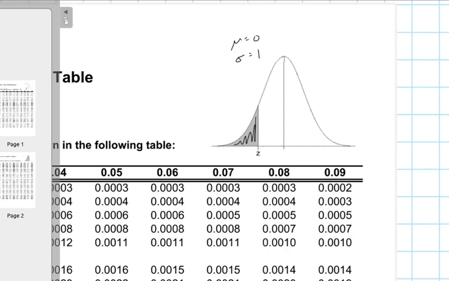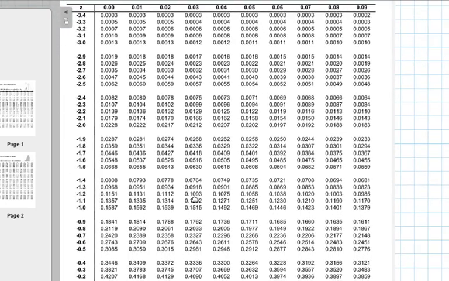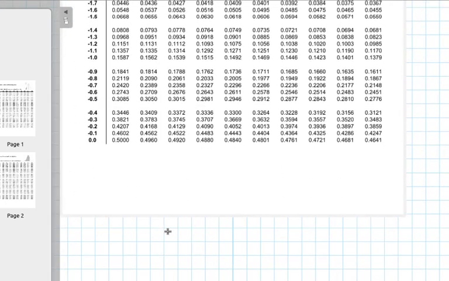So let's come down here. If I said, what is the probability that z is less than or equal to negative 1.23? That is to say, if I had a standard normal distribution here, and here's where z equals 0, right at the mean, because my mean is 0.